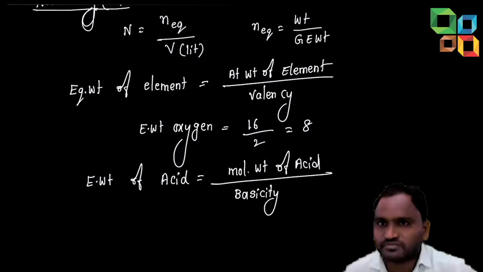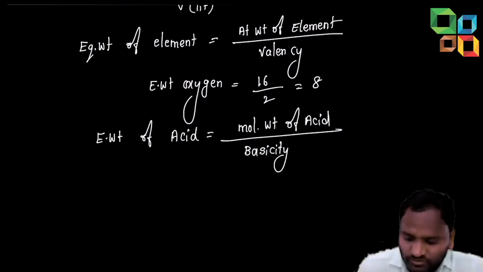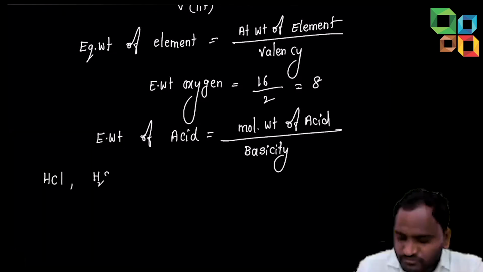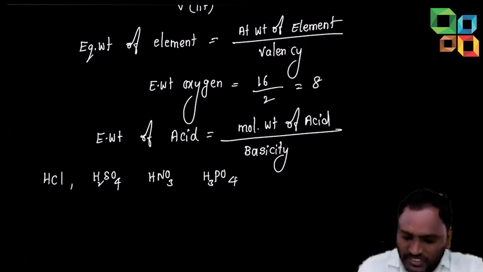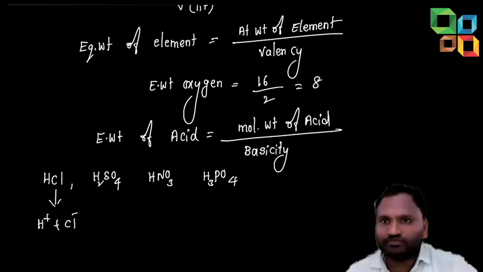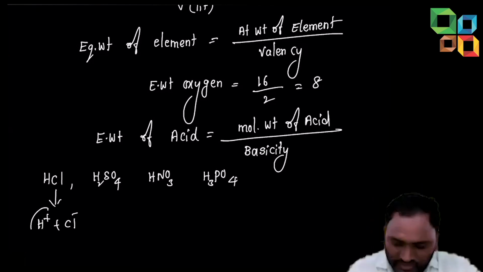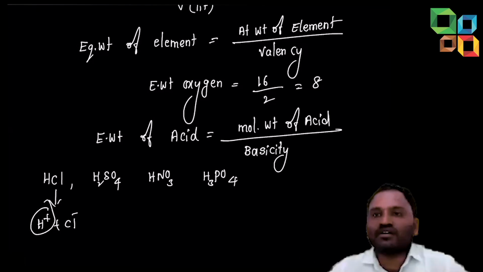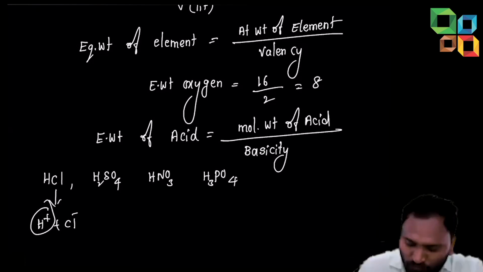What is basicity? How to find out basicity? Basicity is used for mineral acids: HCl, H2SO4, HNO3, H3PO4, like this. HCl can dissociate into H plus and Cl minus. How many H plus ions can it donate, students? Only one. So its basicity is 1.